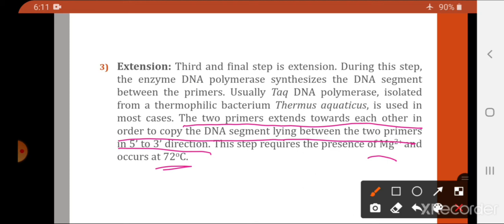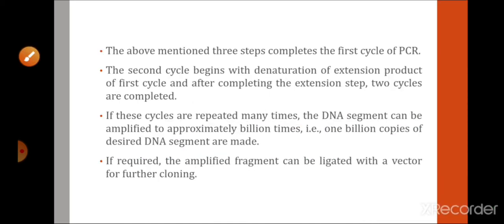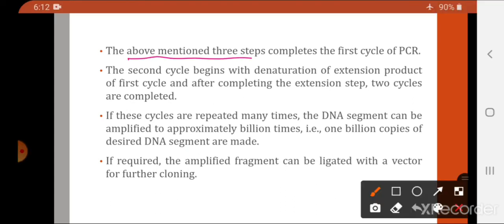So we need enzymes that can withstand higher temperatures. So the Taq polymerase, which is isolated from the Thermus aquaticus bacteria, can withstand the higher temperature. So these are the three steps of the polymerase chain reaction. Clear, students? The above mentioned three steps complete the first cycle of PCR.